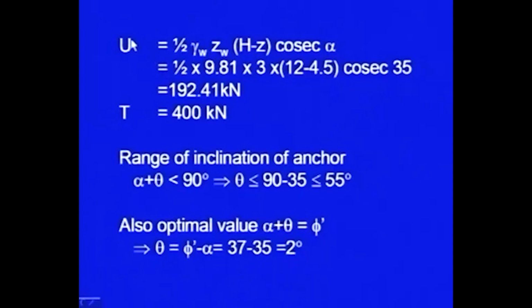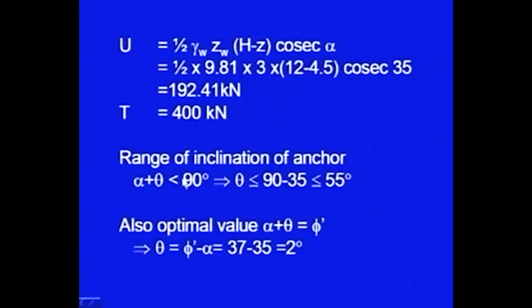Also, the force on the joint plane, U, will be the area of the diagram again, and the perpendicular ordinate we had taken is half gamma w into Zw, and the base will be (H minus Z) into cosec of alpha. So, U will be half into 9.81, Zw is 3, (H minus Z) into cosec of 35, and then you get this value of U.